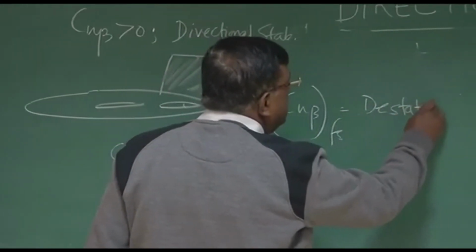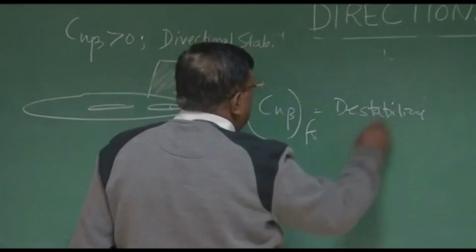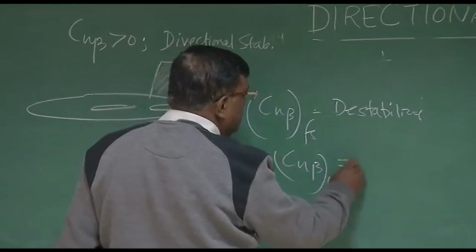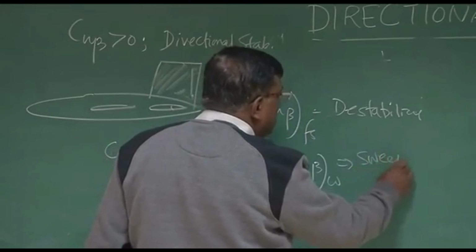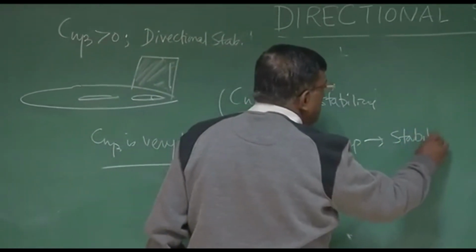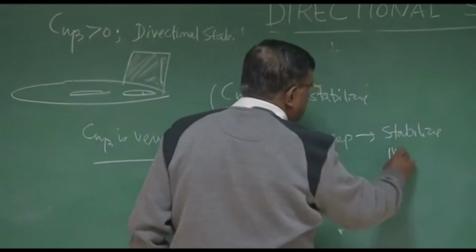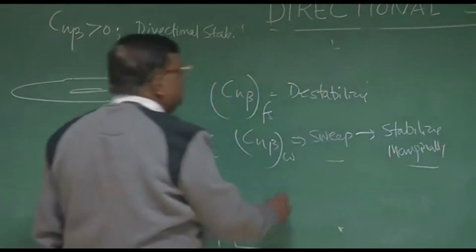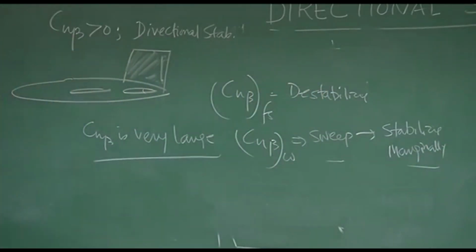We will do that. Cn beta from the wing, you will see, if there is a sweep, is stabilizing marginally. We will see these things; just for continuity, keep this at the back of your mind.